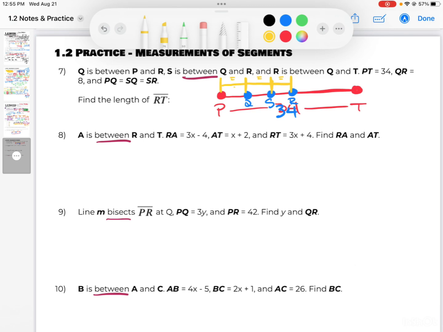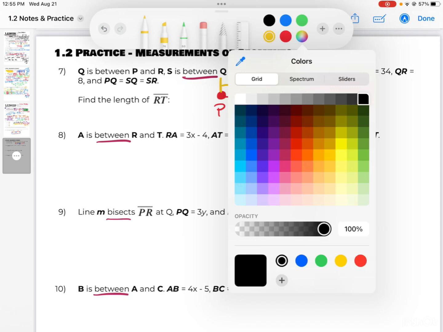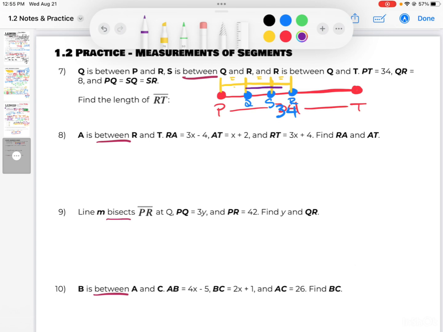And then I know that the distance of Q to R is 8. This distance is 8. So ultimately what I'm looking for is RT, here, R, to here, T. And this one involves honestly a little intuition.